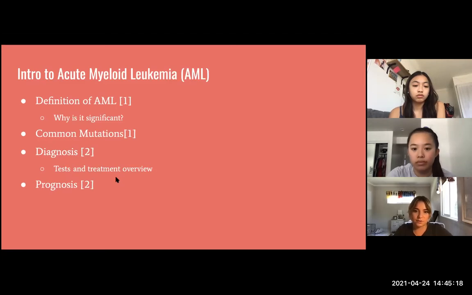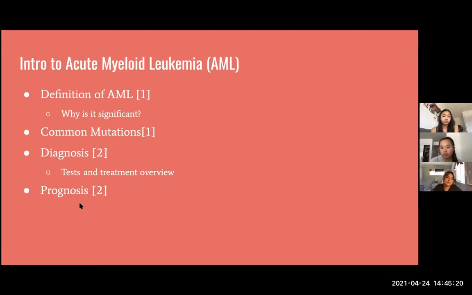In order for someone to be diagnosed with leukemia, they have to have over 20% leukemic blasts present in their bone marrow and in their blood. AML is a very aggressive cancer, like I said before, and the prognosis of it in general is not good, but when RUNX1 is present, it's even worse.